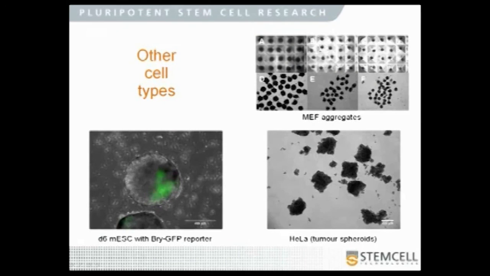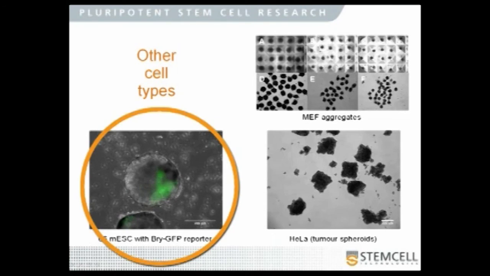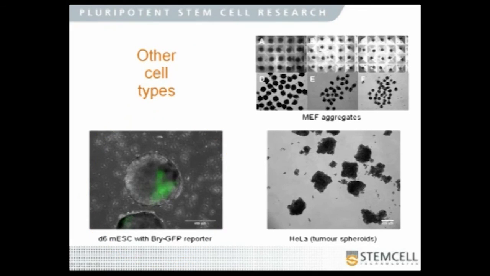I've also looked beyond human ES cells, which are my primary focus, at other cell types using this forced aggregation approach in the microwells. It works quite well for mouse ES cells, which have several advantages, not least of which is the fact that you can get a lot of different reporter lines in the mouse ES cells. So this is just an image of a mouse EB with GFP driven by the brachyury promoter coming up.